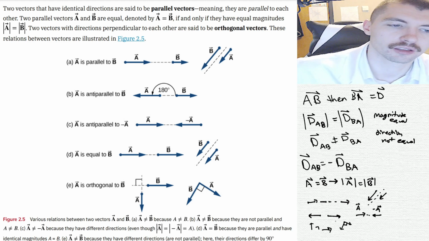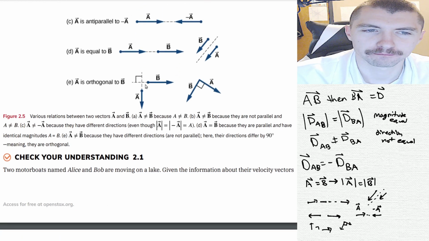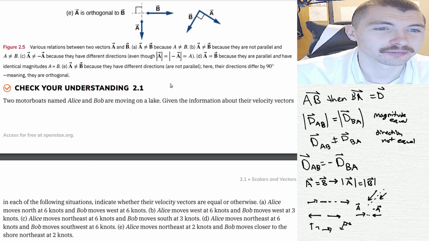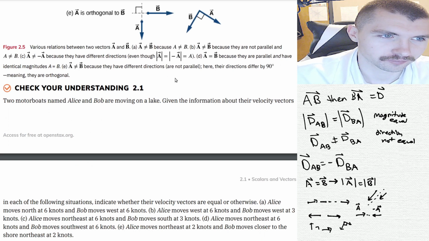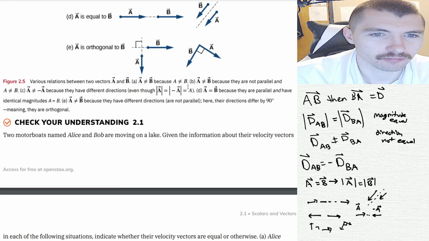So I think E is a little interesting. I'm glad they noted that the endpoints don't have to be connected at the right angle. I think that's kind of neat. All right, these are not equal because their magnitudes are not equal.